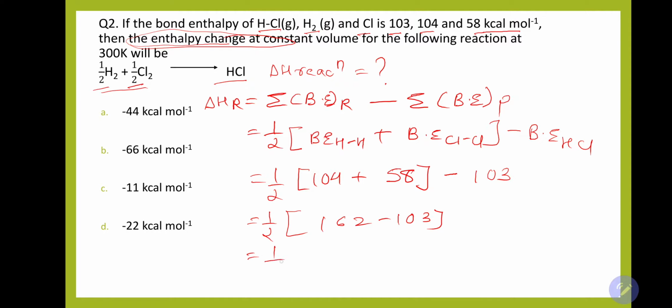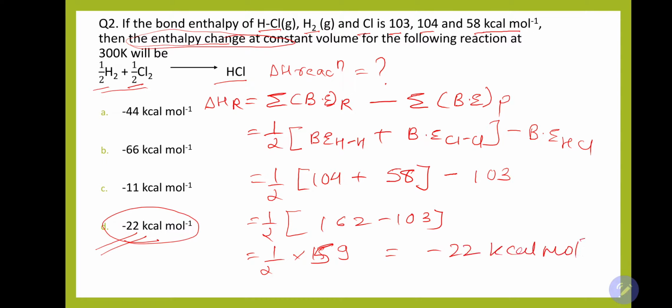So it will be half into 59, which if you sum it up will be approximately equal to minus 22 kilocalories. So the answer will be 22 kilocalories per mole. Solve it, you will get the answer.